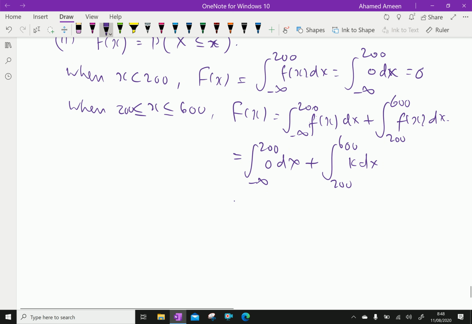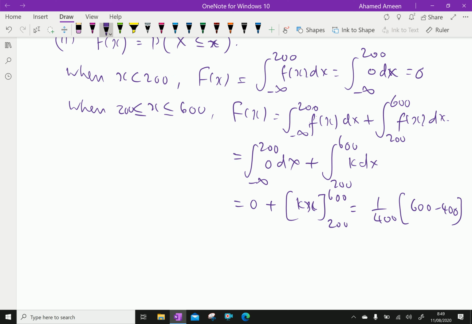Now here the first is 0, then the second is kx, integration is kx from 200 to 600, where k is 1 by 400.